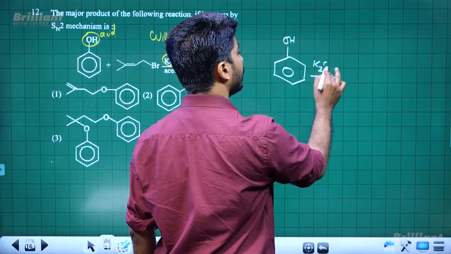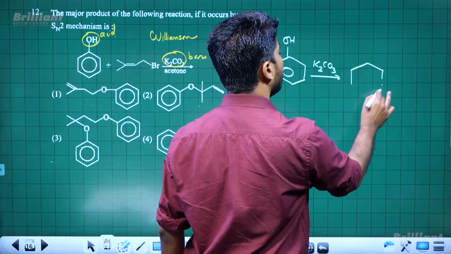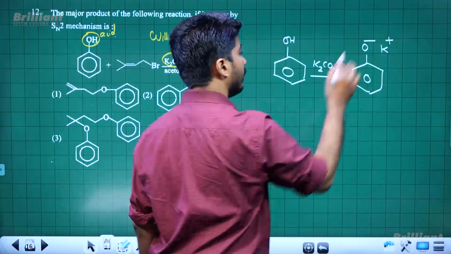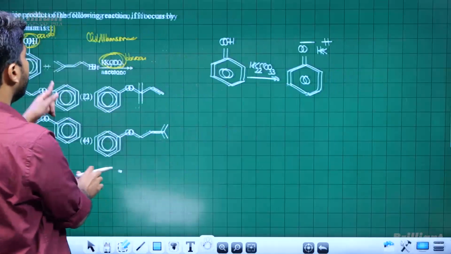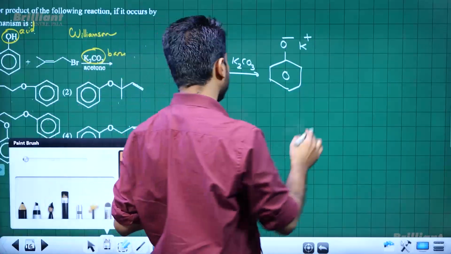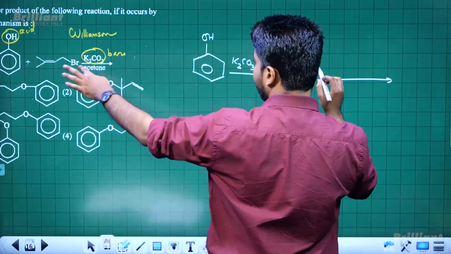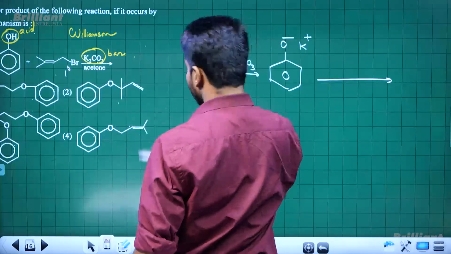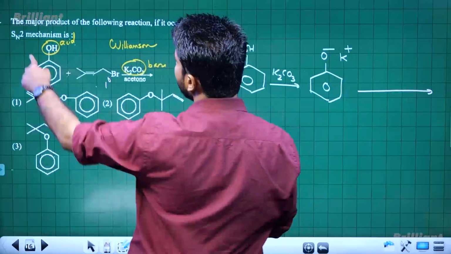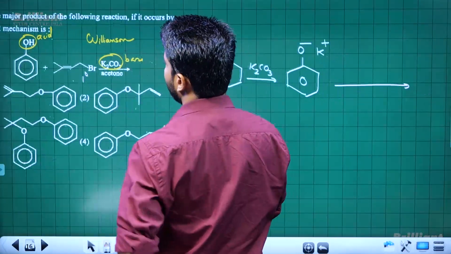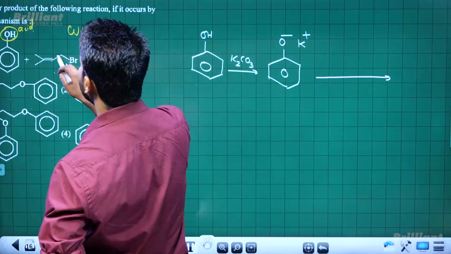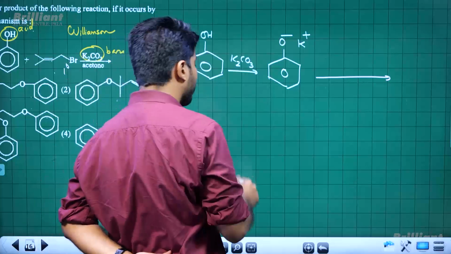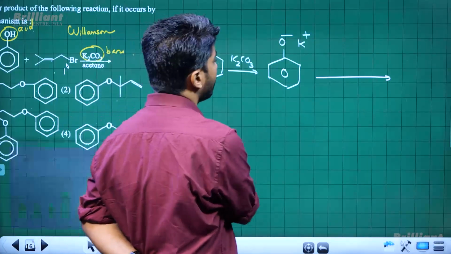In the presence of carbonate, it forms phenoxide, that is potassium phenoxide. Then that is treated with this particular substrate. It is a primary haloalkane, an allylic primary haloalkane. That is why they have made a caution that it is occurring by SN2 mechanism. SN1 is also possible because it is an allylic halide, but they are saying you just do the SN2 reaction. So let's do the SN2 reaction.